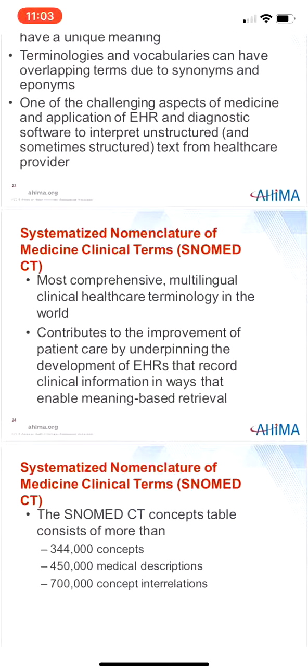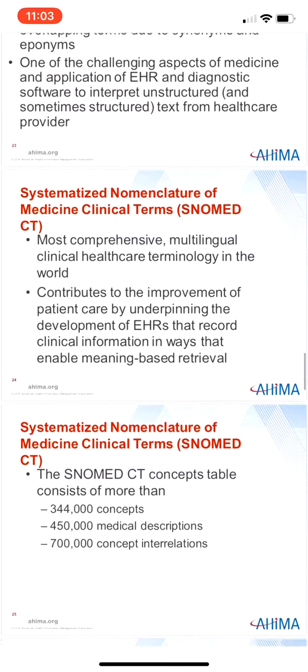SNOMED CT contributes to the improvement of patient care by underpinning the development of EHRs that record clinical information in ways that enable meaning-based retrieval. SNOMED CT is used for the EHR, research, and clinical decision support. The information that SNOMED CT captures includes items such as diagnoses, procedures, signs, symptoms, and cause of injury.